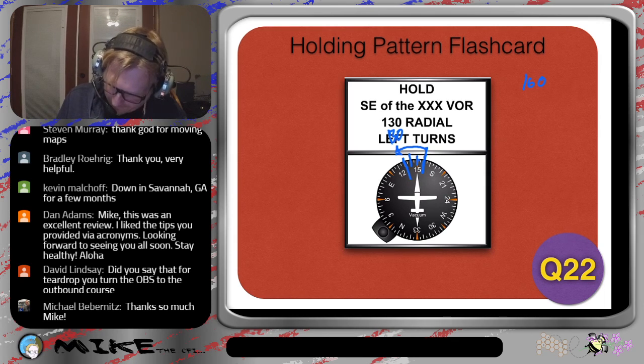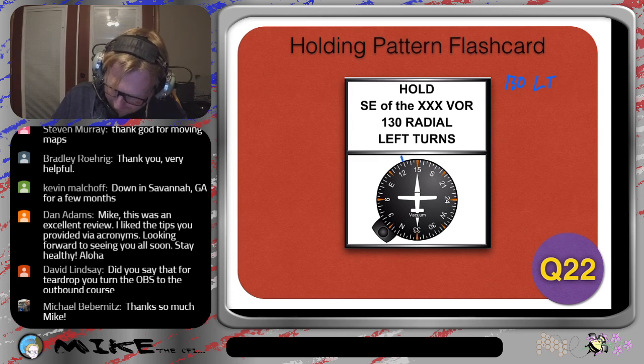If you were doing a left-hand turn holding pattern, so for example, let's say that you were told to hold on the 130 radial, left-hand turns.